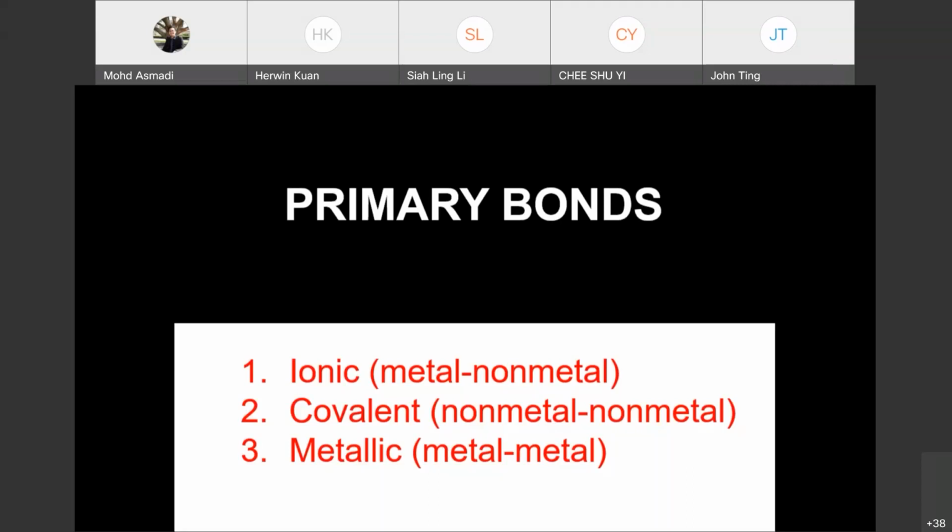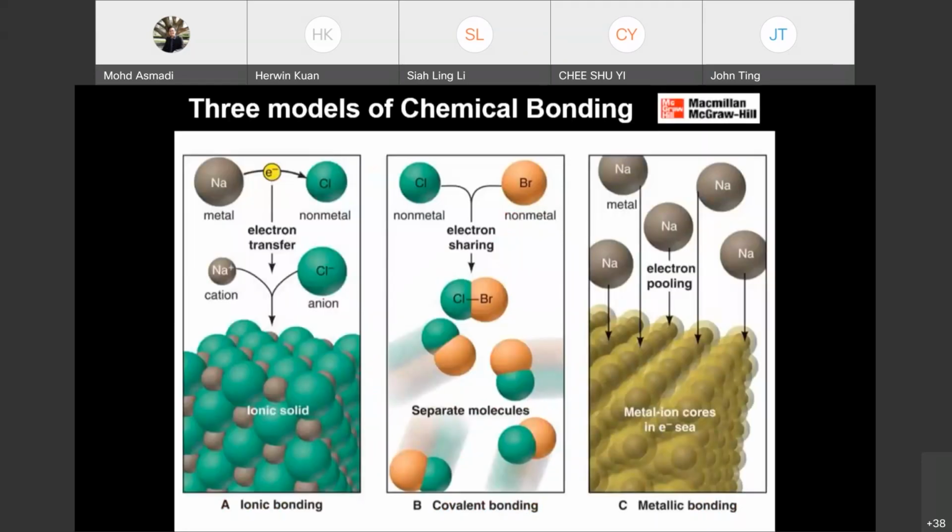Like sodium, right? So with the sea of electrons, especially metallic bond, it can conduct electricity. So we have to be careful with this metallic bonds. So let's see, these are the examples of three models of the chemical bondings.